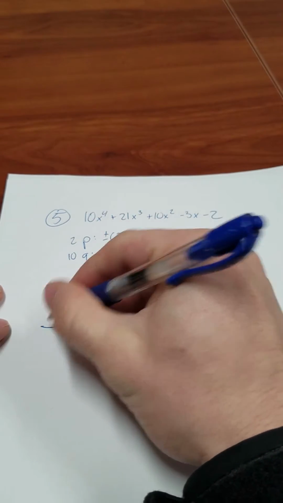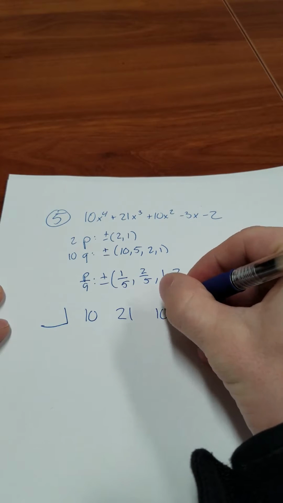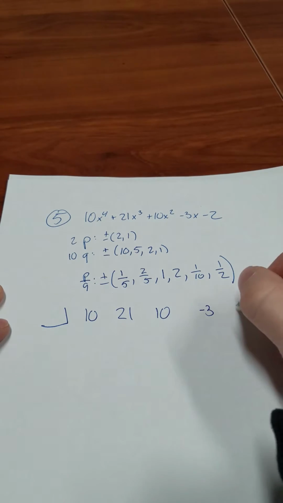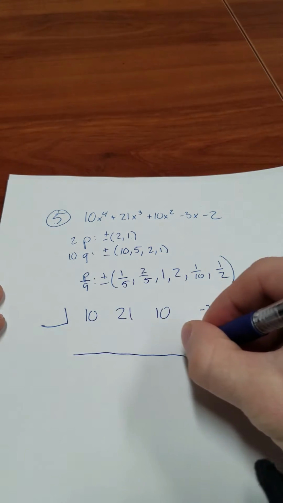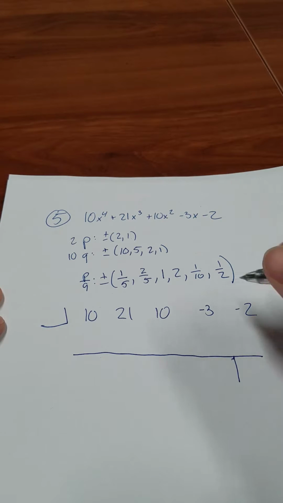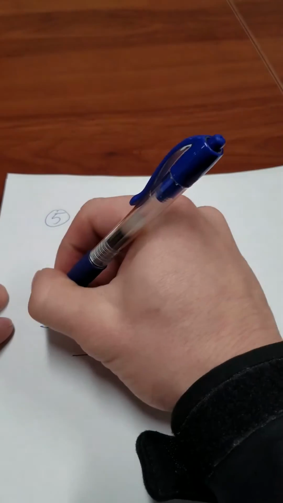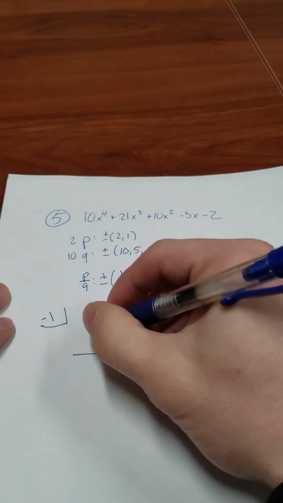So what we have to do now is what I call the guessing game. We have to guess a number that is going to work. Well, how do we know that it works? Well, that means it's going to give us a remainder of 0, okay? So we're looking for a number that's going to give us a remainder of 0. And it is just guessing at this point. I'm going to try negative 1.